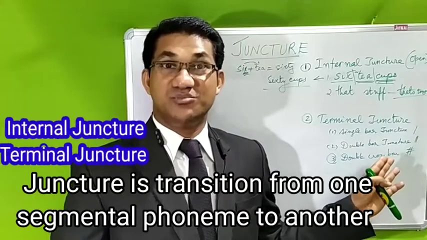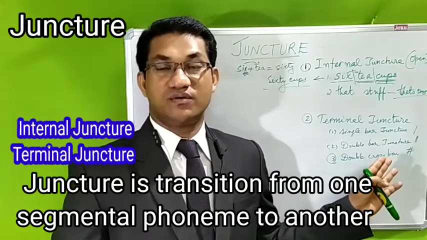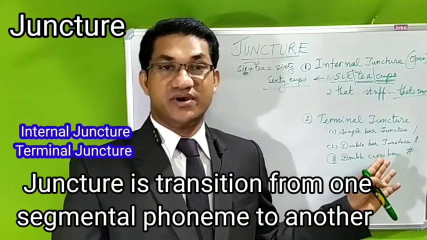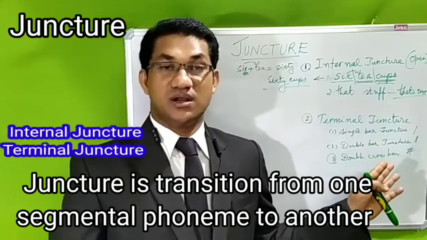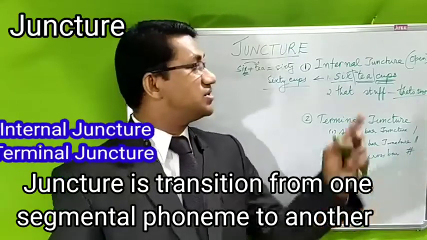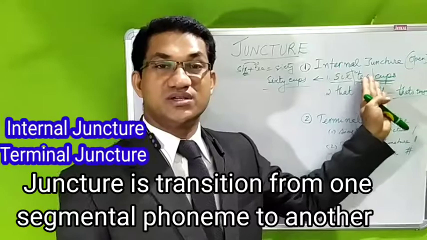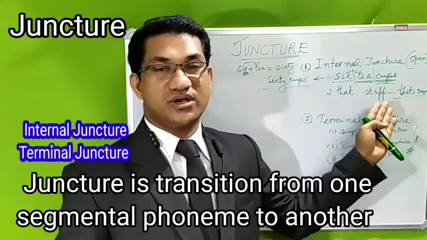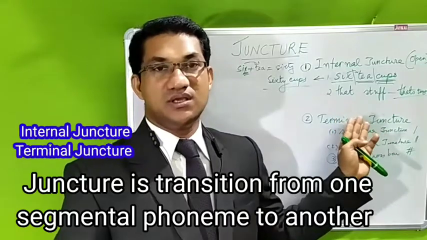One is terminal juncture, which is classified into single bar juncture, double bar juncture and double cross bar juncture. The other is internal juncture, also known as open juncture or plus juncture, because it is marked with plus marks.